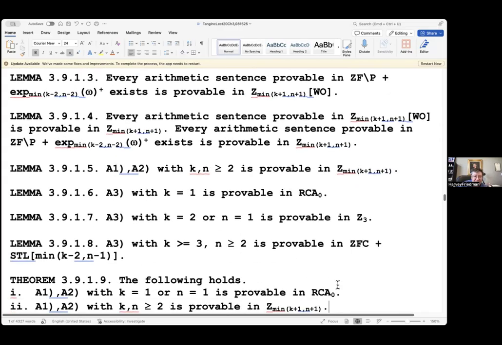And the baby cases are the real baby case is this, but the baby case is this one, and Z3 is enough, right? Because I know how to calculate min of K plus 1, N plus 1 when K equals 2 or N equals 1.